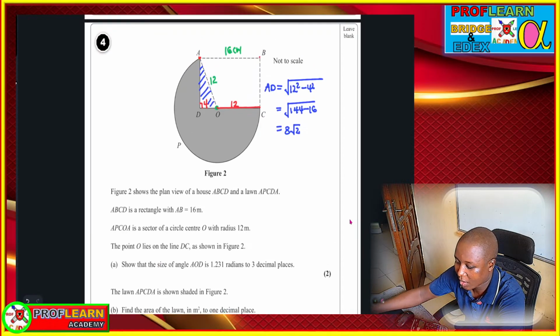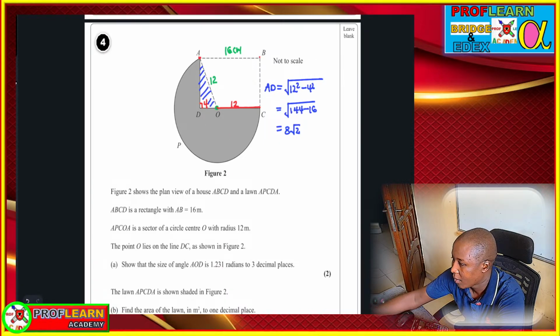I've not checked the kind of question that was asked, but in this case we're going to say show that the size of angle AOD is 1.231 radians.